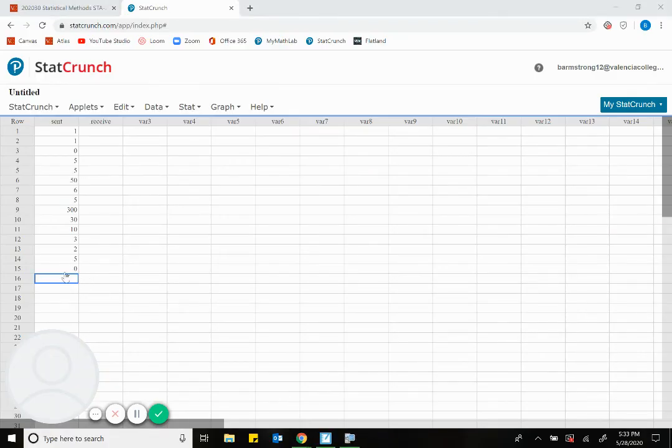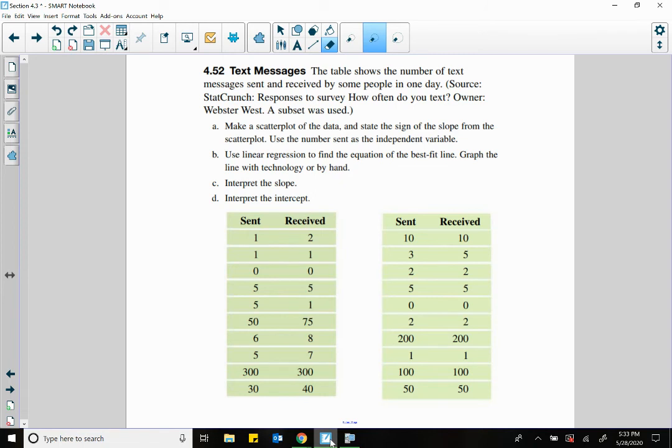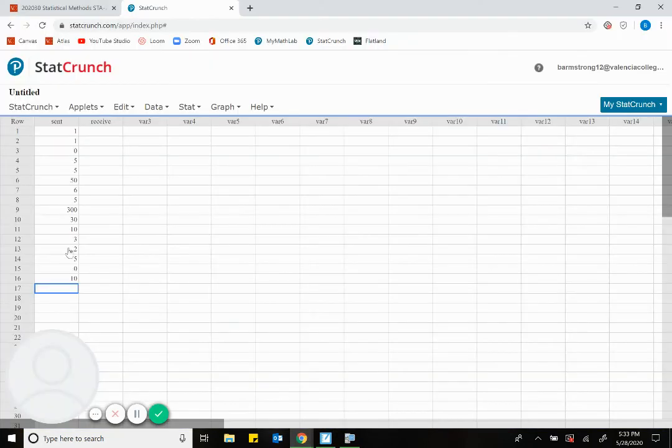Move that. 10. I've already forgotten my numbers. 200, 150. 200, 100, and there we go, 20.